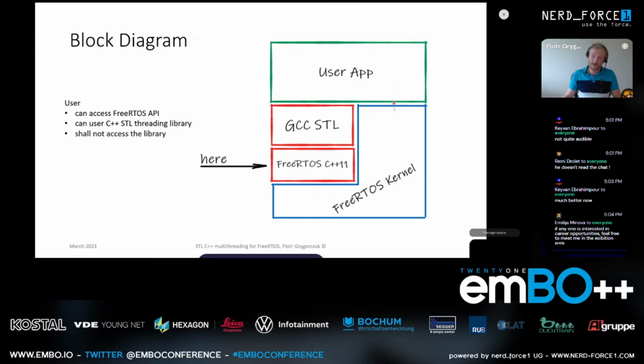Obviously, the user has access to the FreeRTOS API, but that's not necessary, except for certain functions which are not implemented in STL. There's actually one function which a user will need to use, for setting up time, but I will tell you about it later.